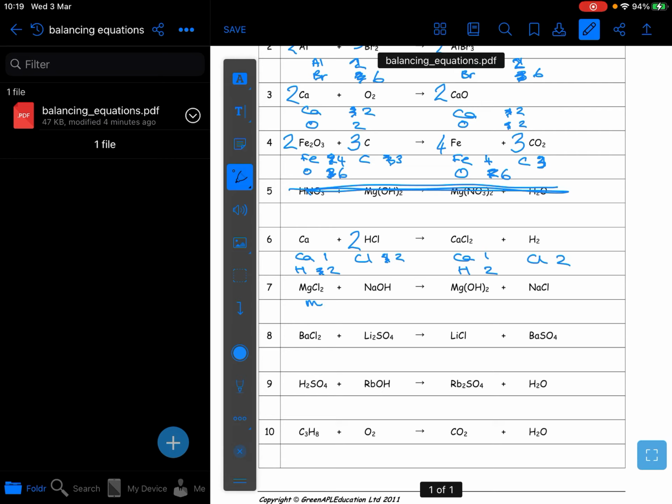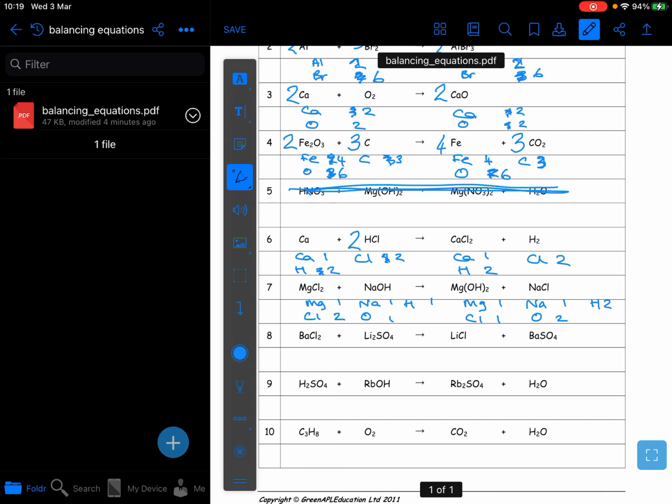Okay, so next one, it's getting a bit trickier here. Magnesium, chlorine, sodium, oxygen and hydrogen. So we've got 1, 2, 1, 1, 1, 1, 1, 1, 2, 2.